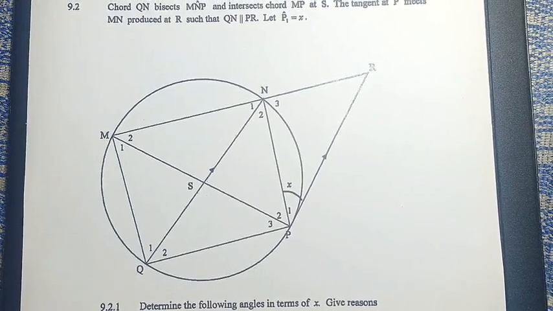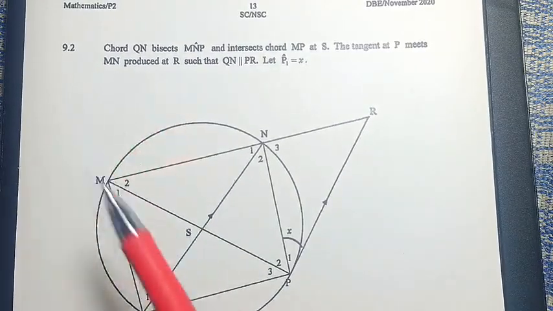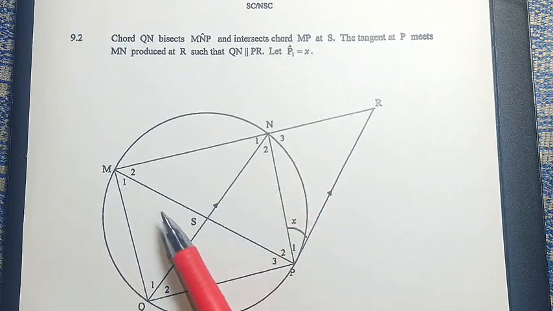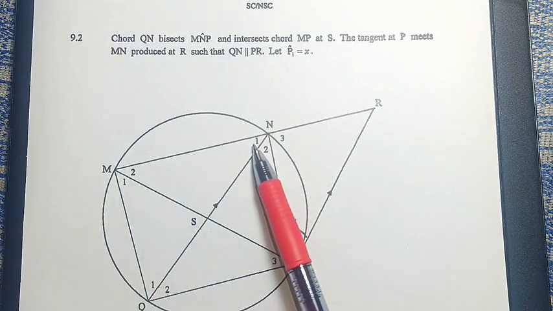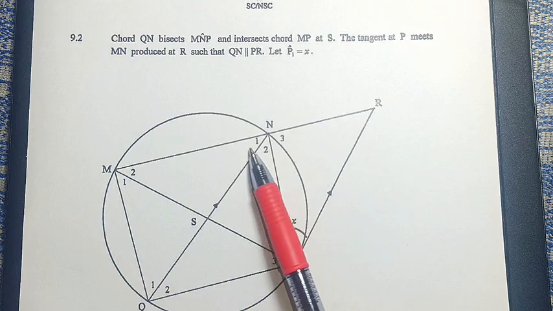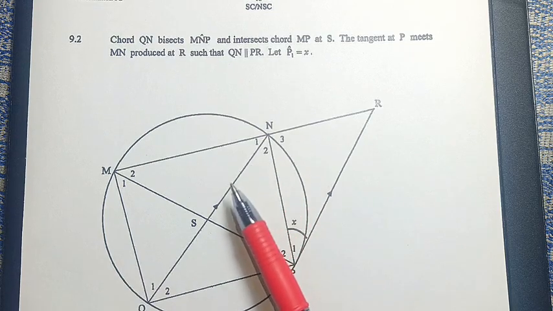First of all, we must remember the chord QN bisects angle MNP, so angle N1 and angle N2 are going to be equal because QN bisects this angle.